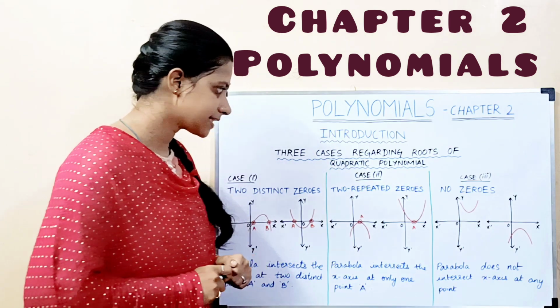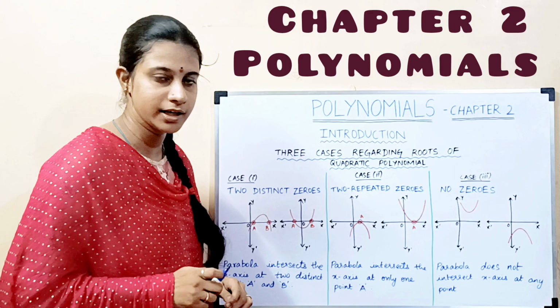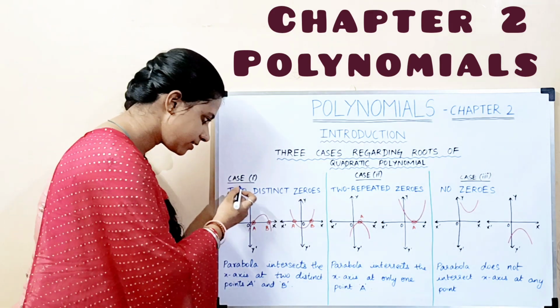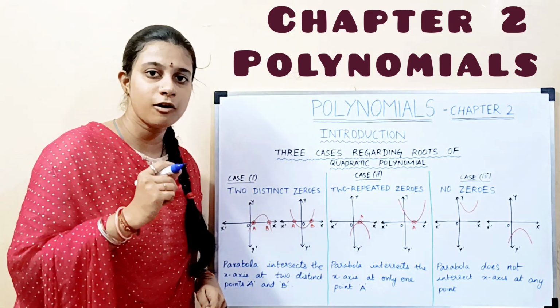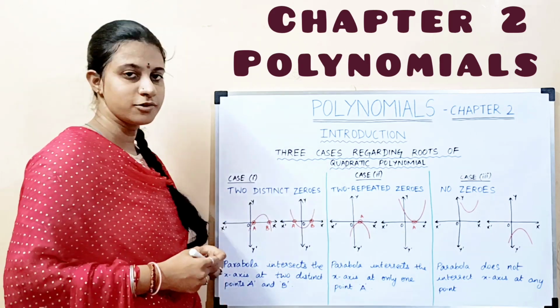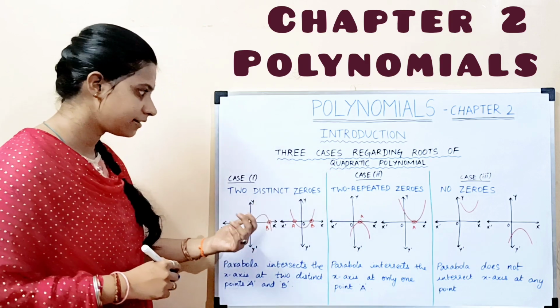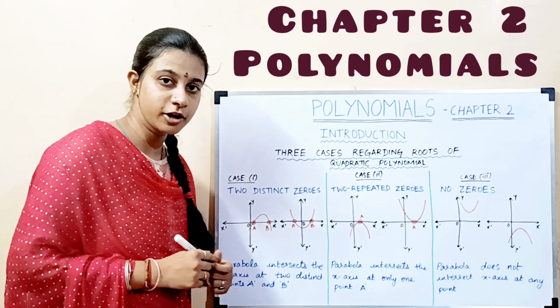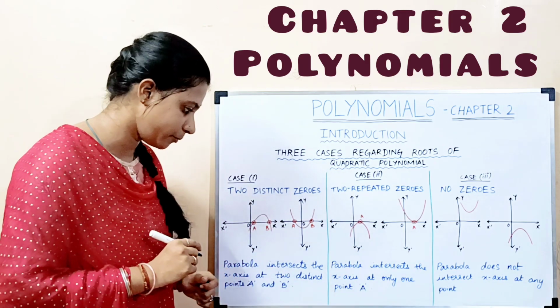Now let's see the 3 cases regarding the roots of the quadratic polynomial. Coming to the first case, the quadratic polynomial has 2 distinct roots. So what does that mean? We have seen that the graph of the quadratic polynomial is an upwards or downward parabola.